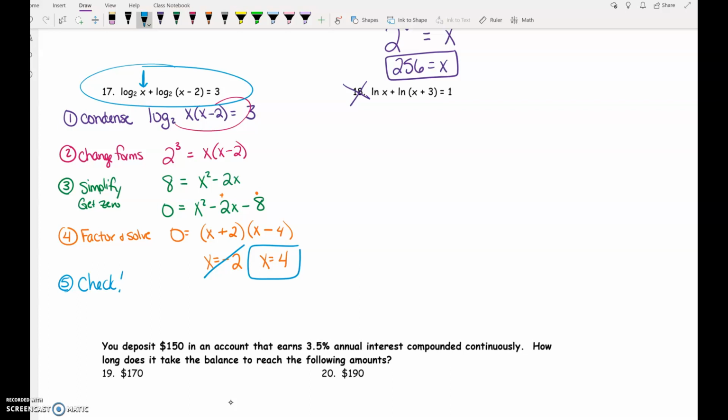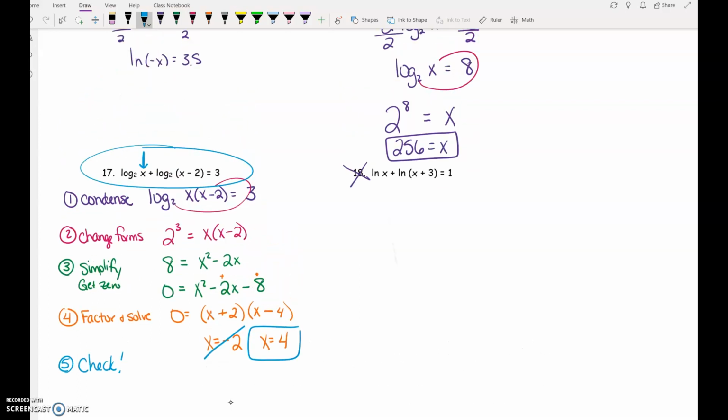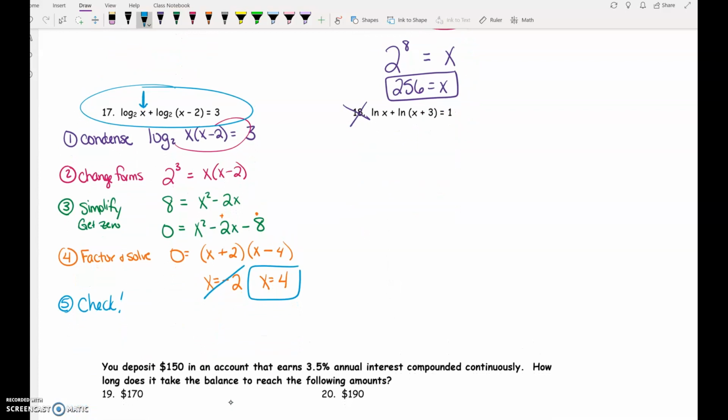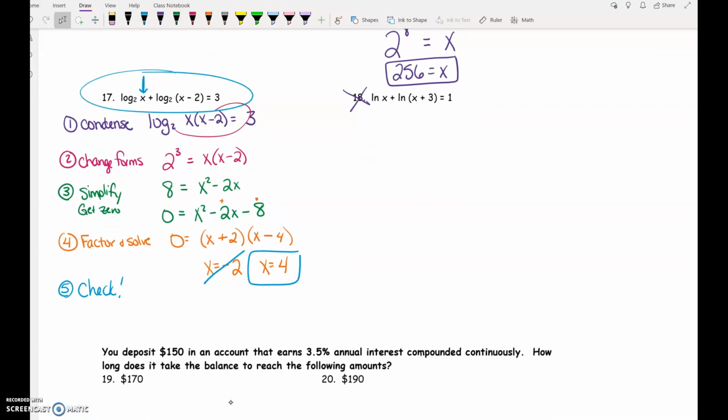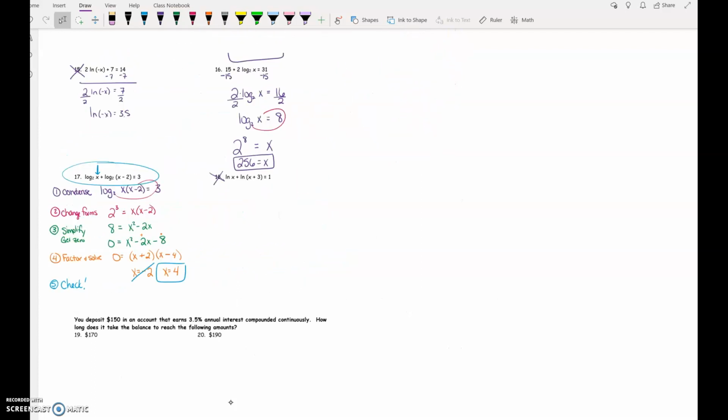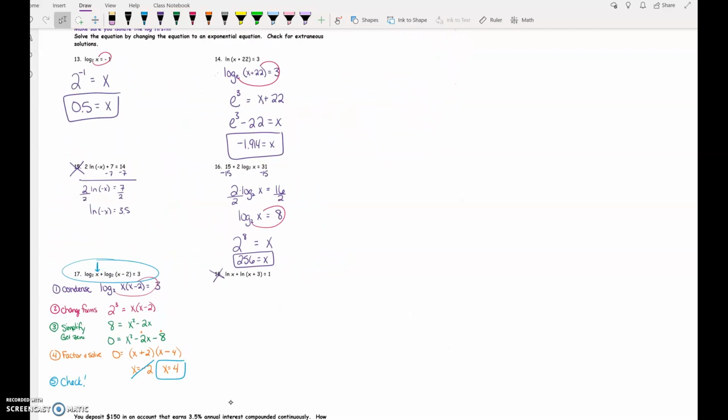Okay, keep this one in your notes. I want you to write it with all those steps. I think there's 2 of these in your assignment. There are quite a few problems very similar to number 13 in your assignments. Let me just make this smaller so we can see all of them. There are like 2 problems like number 13.